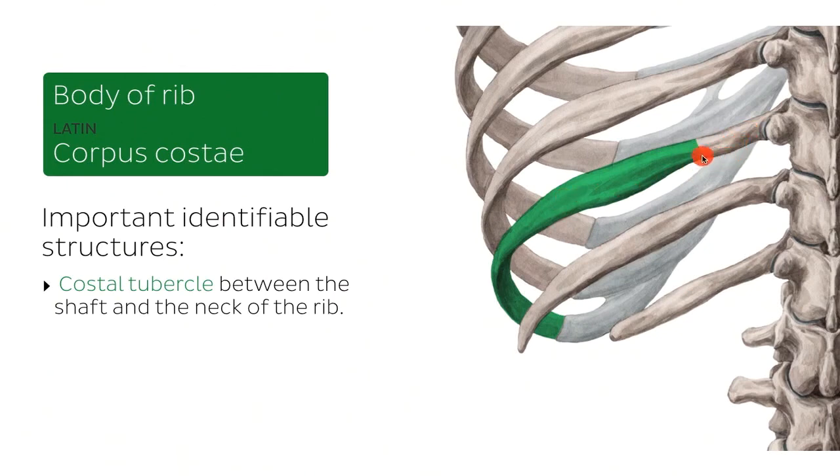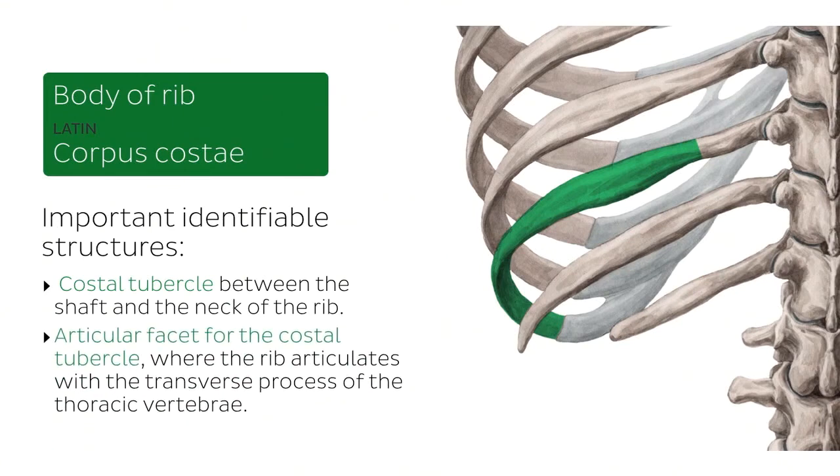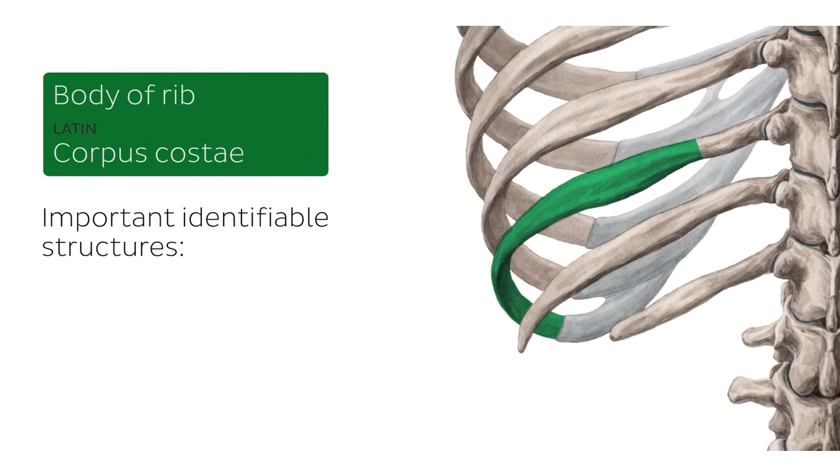Somewhere about here, this is where you would find the different costal tubercles of the ribs. The other structure would be the articular facet for the costal tubercle, where the rib is going to articulate with the transverse process of the thoracic vertebrae. The other structure worth listing on the body of the rib is the angle of the rib.